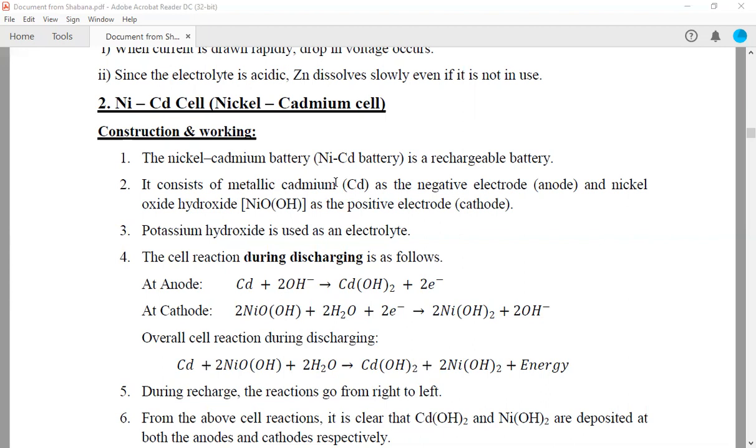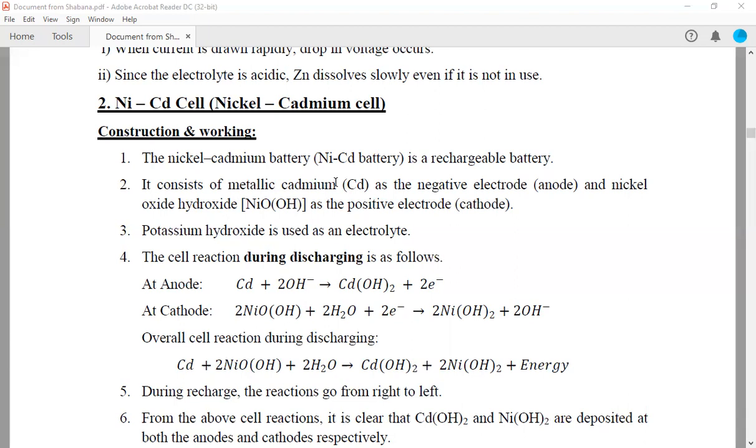And at the cathode, the electrode is nickel oxide hydroxide. It reacts with water and with the electrons liberated at the anode, and is converted into nickel hydroxide with the formation of hydroxyl ion.